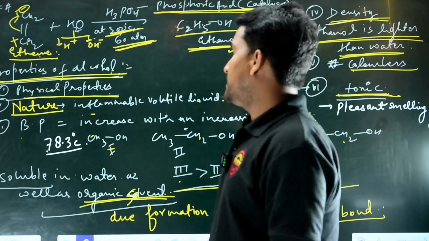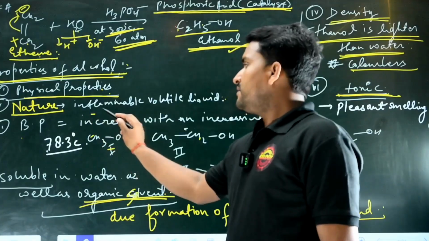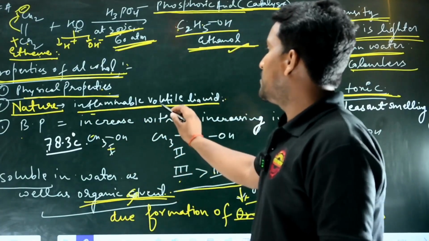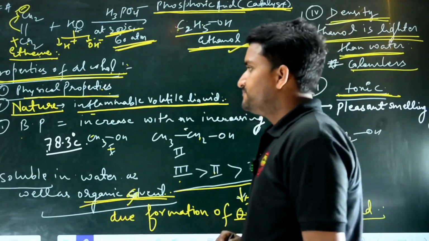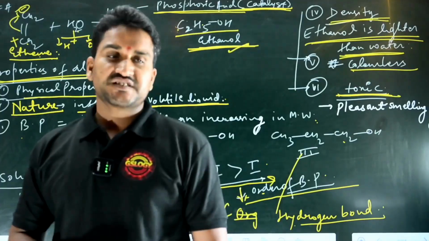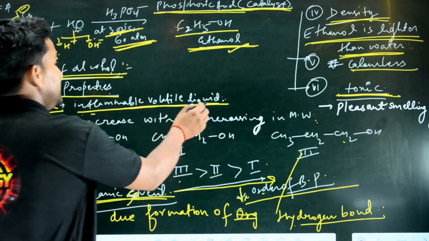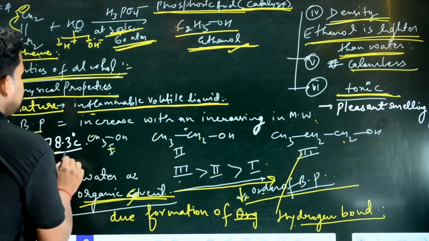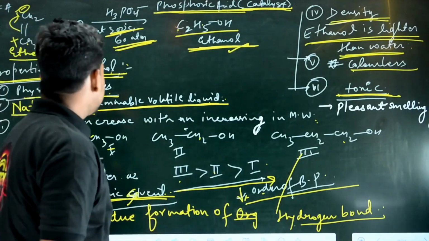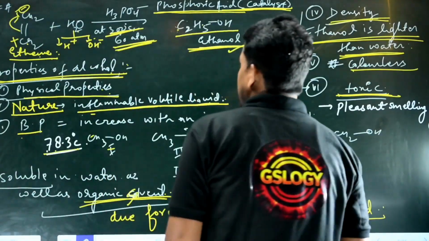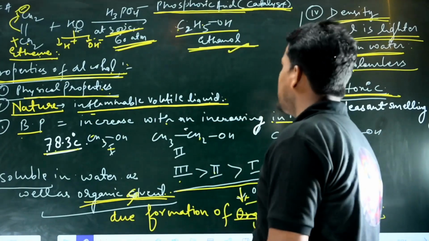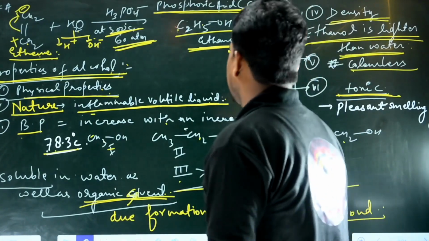Alcohol is an inflammable, volatile liquid, and its BP is 78.3 degrees Celsius, and it increases with increasing molecular weight.